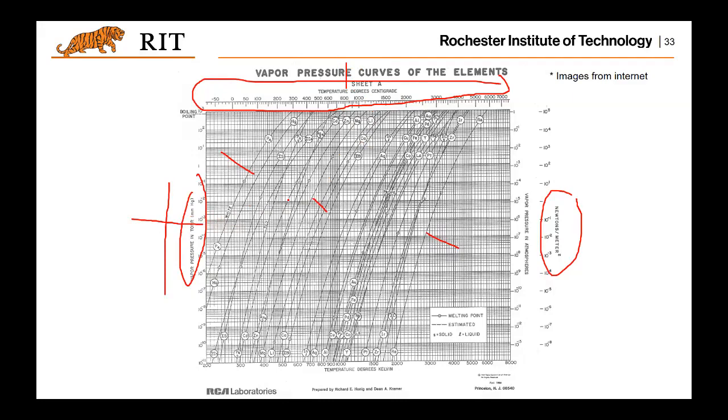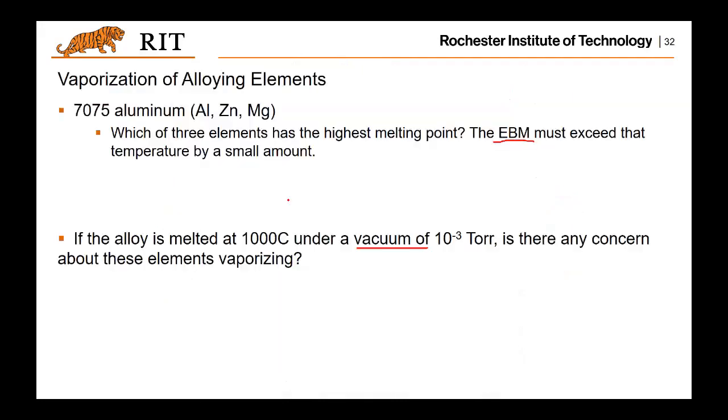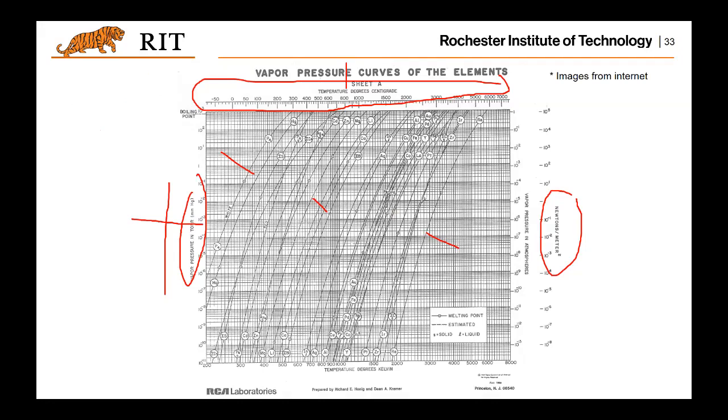For example, let me look at a specific example here. Okay, 100 degrees C and also 10 to the power of -3.